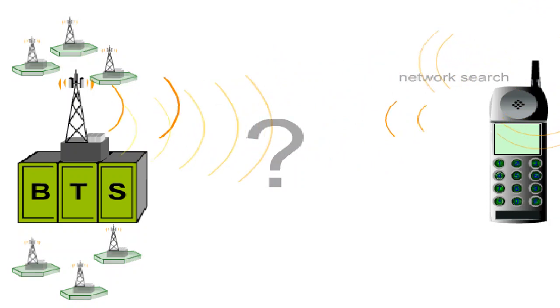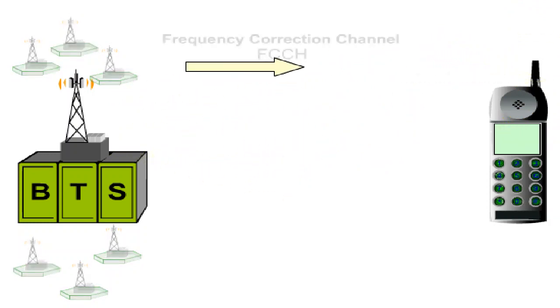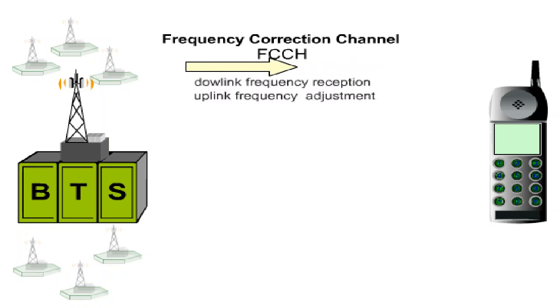For this purpose, the BTS sends out the frequency correction channel, FCCH, at short, regular intervals to help the mobile station find a frequency for downlink reception and adjust its frequency oscillator for the uplink transmission. To do so, it picks out the strongest received signal.